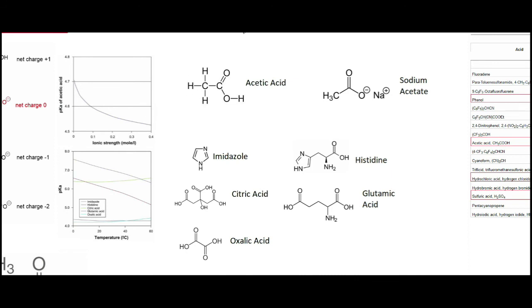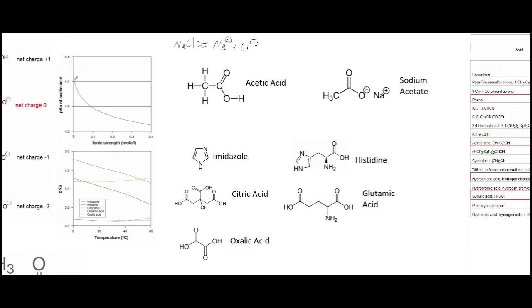So if we had acetic acid in solution and we started adding a bunch of table salt, NaCl, which dissociates in solution into Na+ and Cl-.